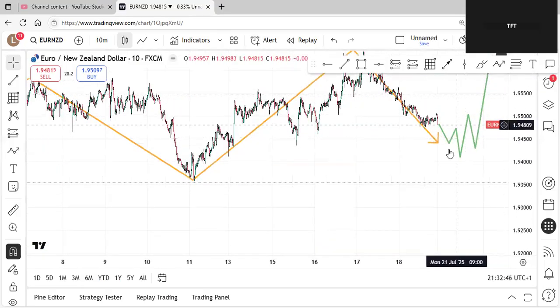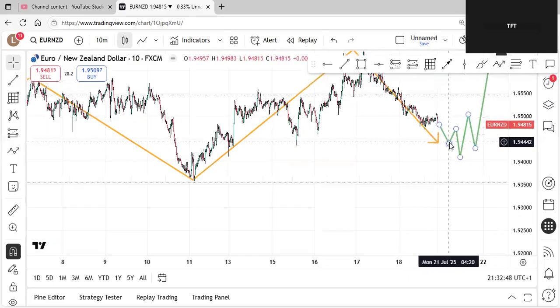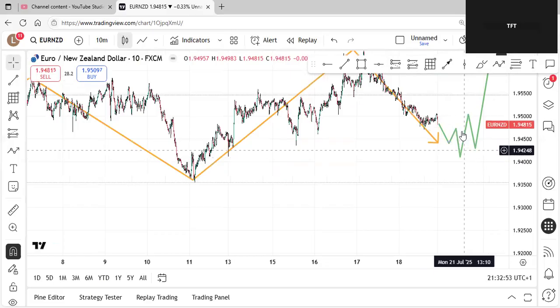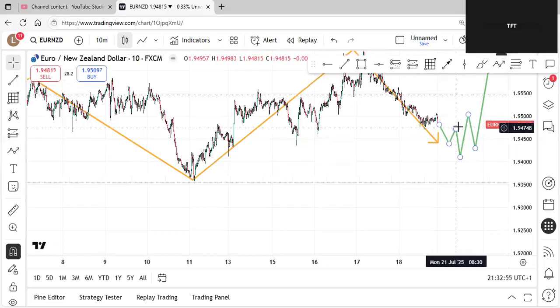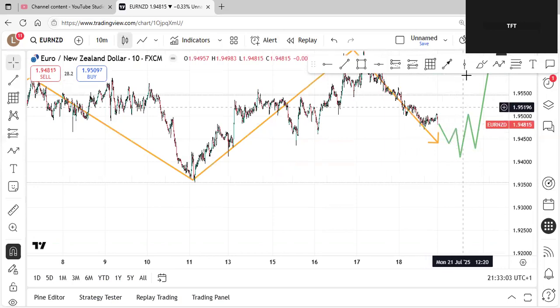So remember this drawing. Obviously, this is just my anticipation of a 1-minute structure breaking above the high, which is what's important.